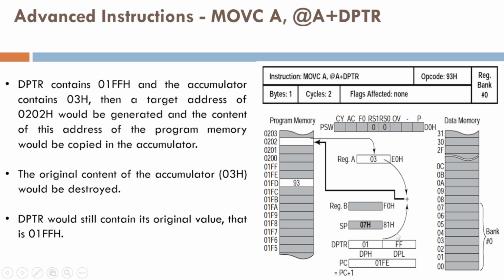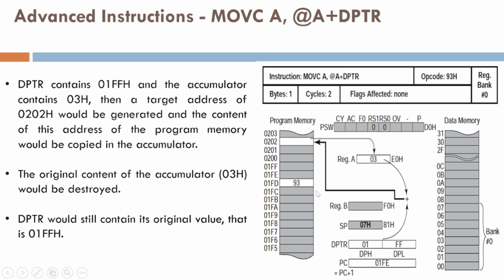We are adding the initial content of the accumulator, 03, to it, so 1, 2, and 3. So the present location is 0202, and the available byte here will be copied to the register A, and the initial content of register A will be destroyed, and the new content will be added to the accumulator.